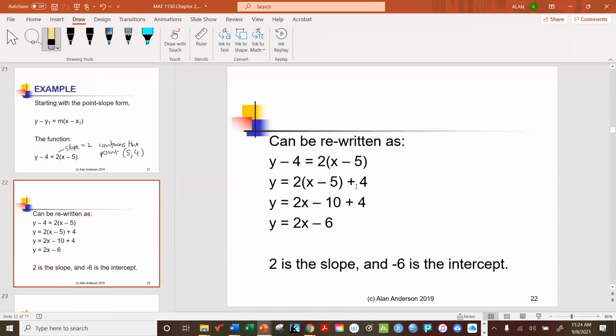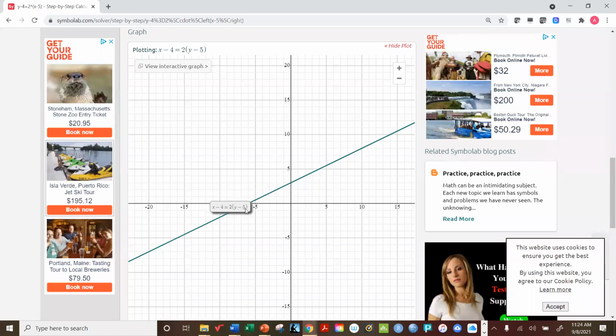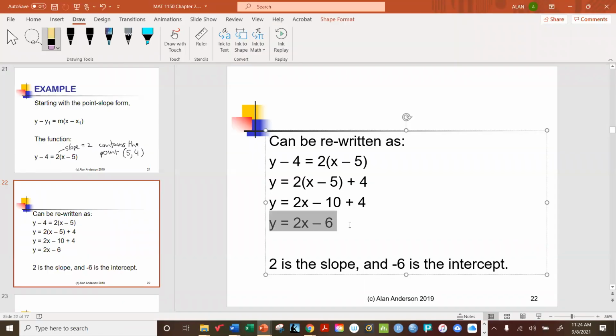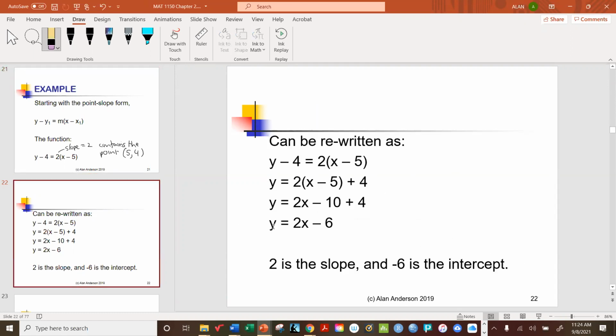You can see algebraically, this is 2x minus 6. So all we did was rearrange it algebraically. Yeah, you got it right. You can see the intercept is -6, the slope is 2. Although it's written like this, it's the equivalent of 2x minus 6. So in other words, just be aware that this and this mean the same thing.